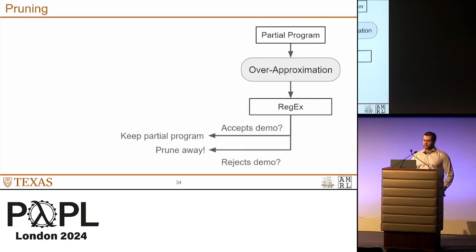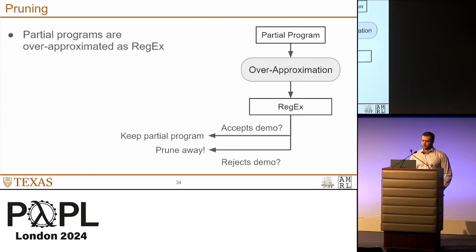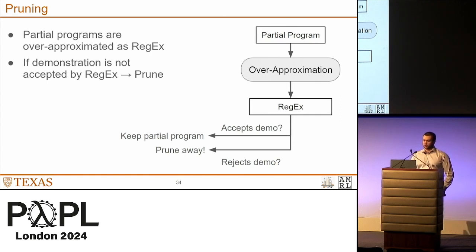Our pruning strategy uses a form of abstract interpretation where, similar to the idea of treating demonstrations as strings and learning regular expressions that can be translated into program sketches, we also observe that we can over-approximate a partial program as a regular expression. The idea is to infer a regex such that if it does not accept the string representation of the demonstration, we can soundly prune away this partial program during our search for the target program.